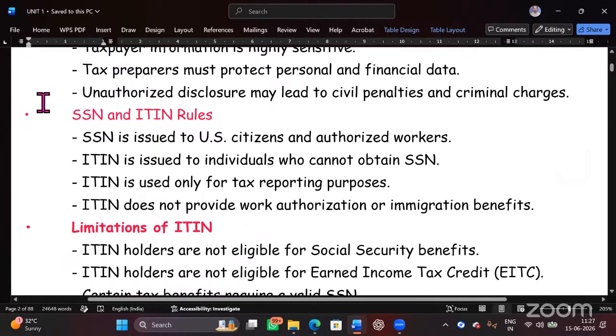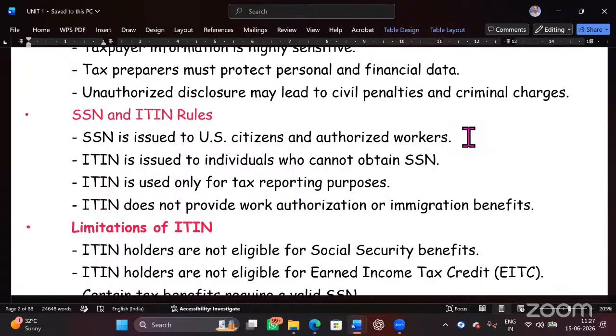Now coming to the social security number rules. Social security number is issued to US citizens and authorized workers. Work permit, sir. Obviously, automatically all the citizens are having the social security number.